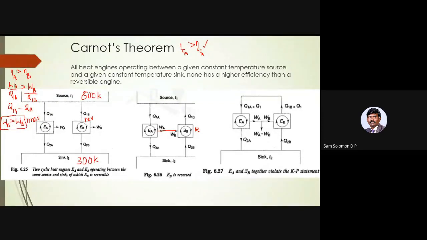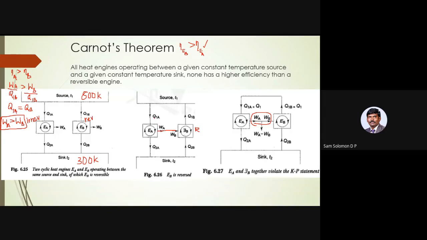So the work WA is utilized for running the refrigerator, which is nothing but reversed EB. If you look at the next picture, WA minus WB will be the net work done. However, this WA is utilized for running the refrigerator.